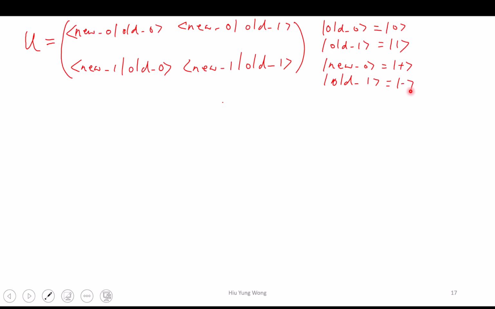We're transforming from 0, 1 to plus, minus. It's just like Cartesian: you transform from x hat to x hat dash, and y hat to y hat dash.